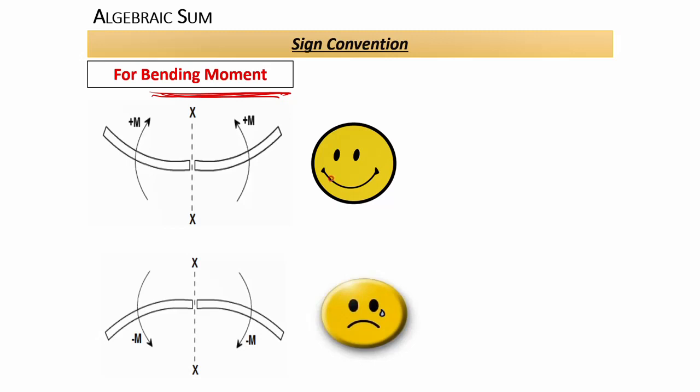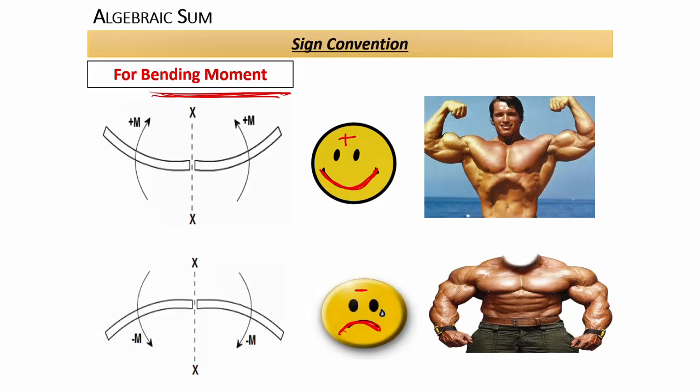You can see sagging effect means this is a smiling effect, therefore it is positive, and hogging effect means it is a crying one, therefore it is negative. You know the bodybuilders, they show their body, either a sagging, means the arms are upward, or they may show their body with the hogging also. You can consider this as your section.